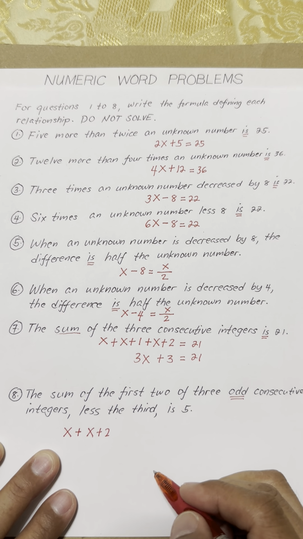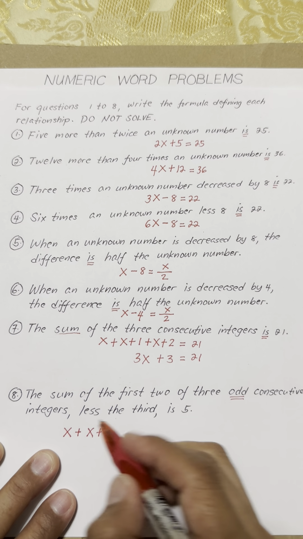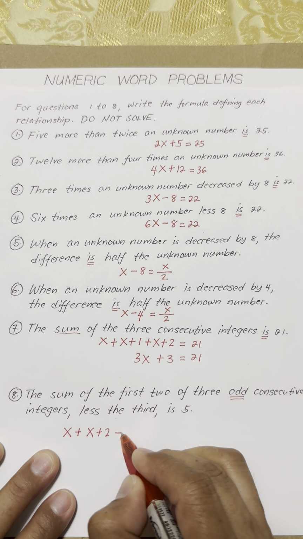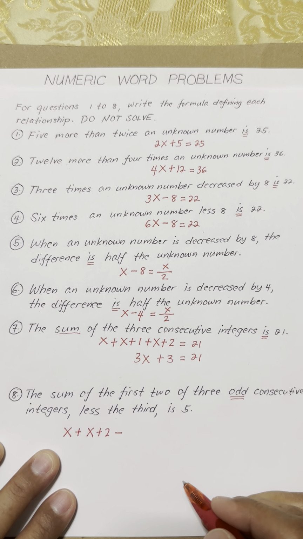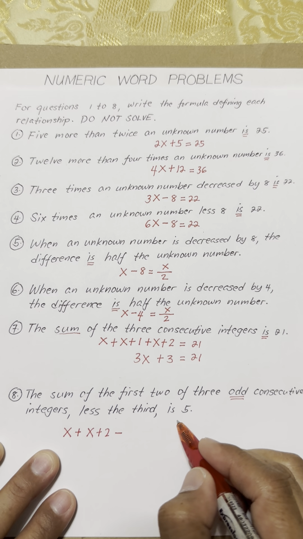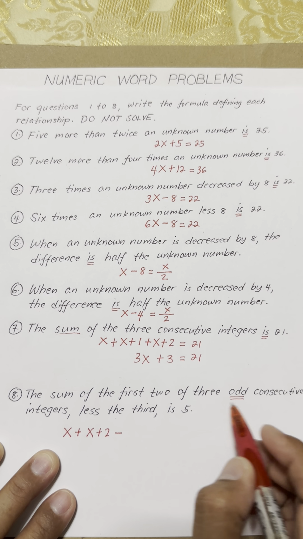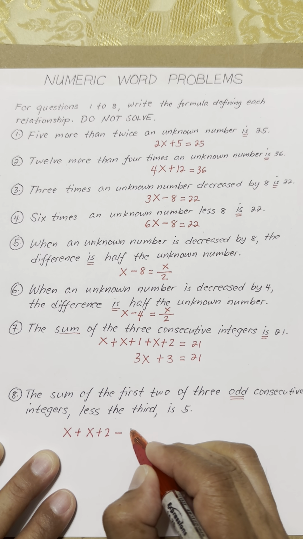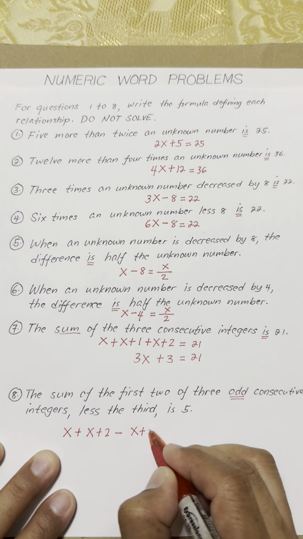Okay? Then less. Less means minus. Less the third. So what is the third integer? The third integer is x plus 4.